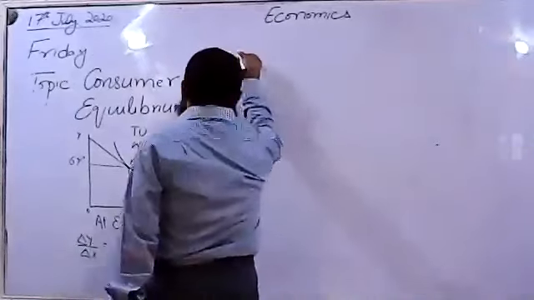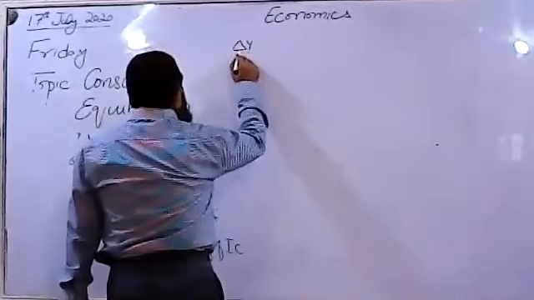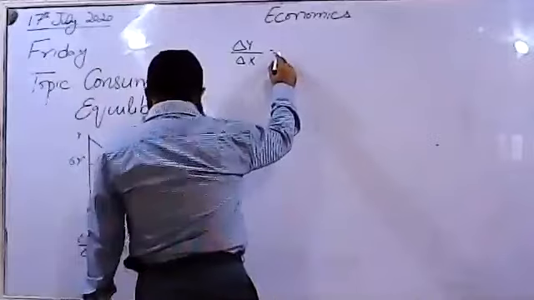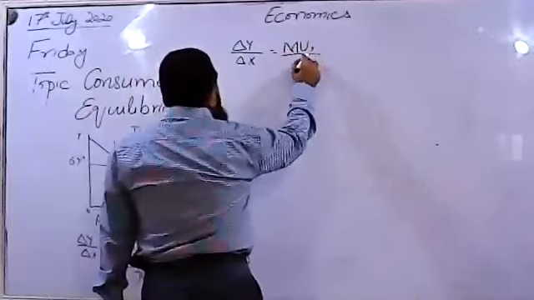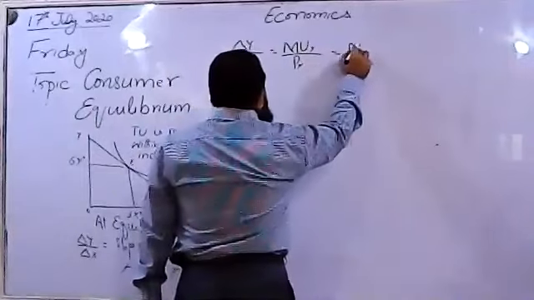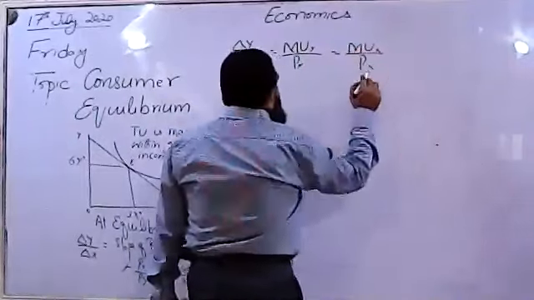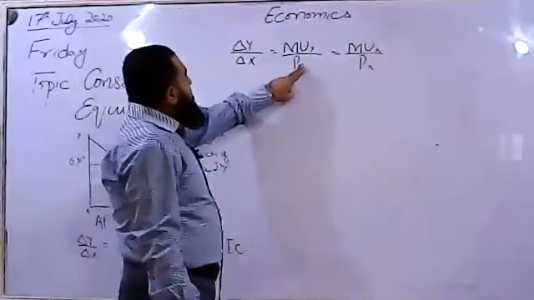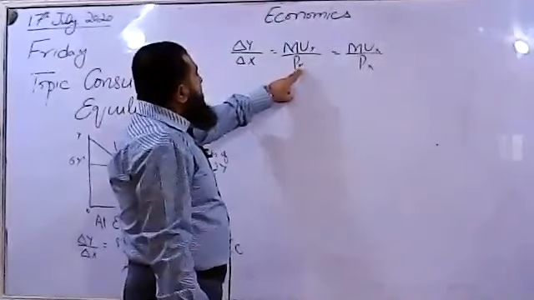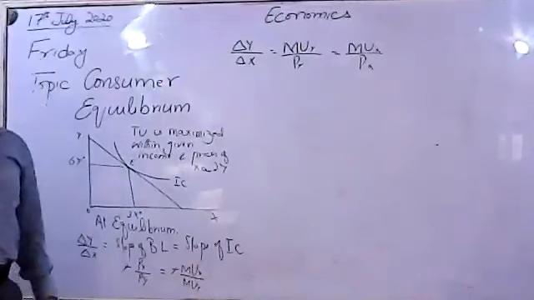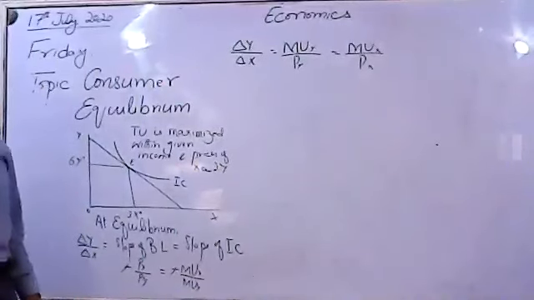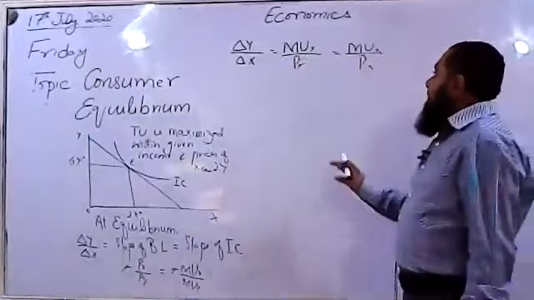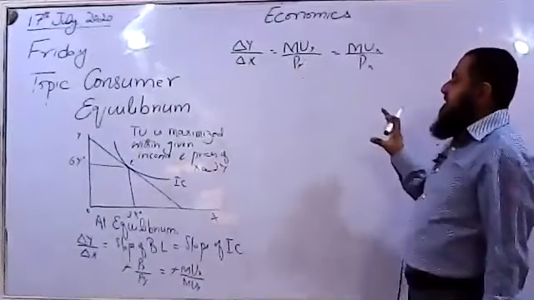If we cross multiply, marginal utility of Y over price of Y should equal marginal utility of X over price of X. We came to the same conclusion when using the cardinal utility approach, with the law of diminishing marginal utility and the law of equimarginal utility, and the same results are reached by using the indifference curve and budget line approach.